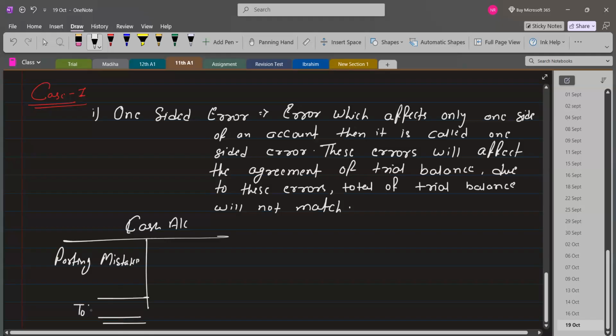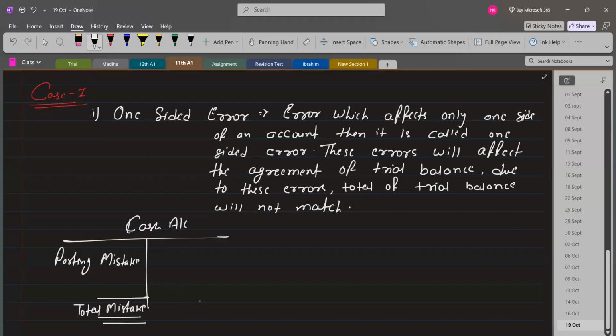So it is called totaling or casting mistake. And you can calculate balance incorrect. So that is called balancing mistake. So these kinds of mistakes are included in one-sided error.